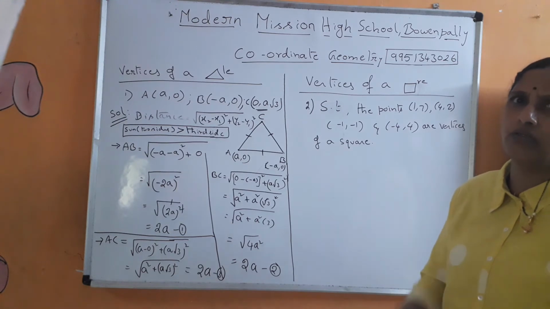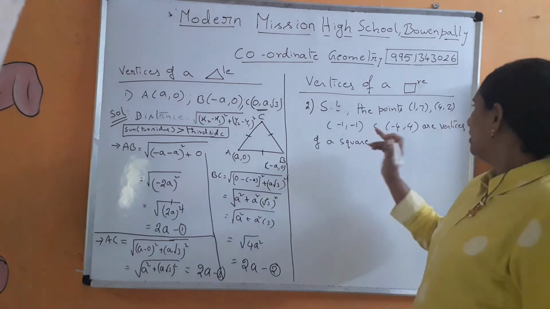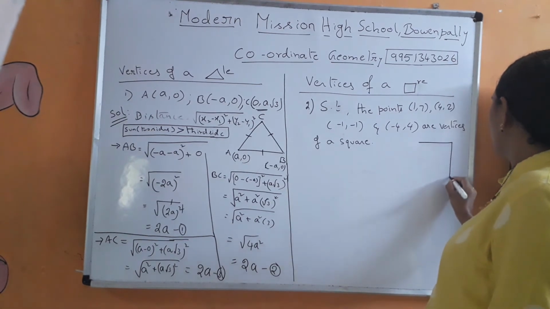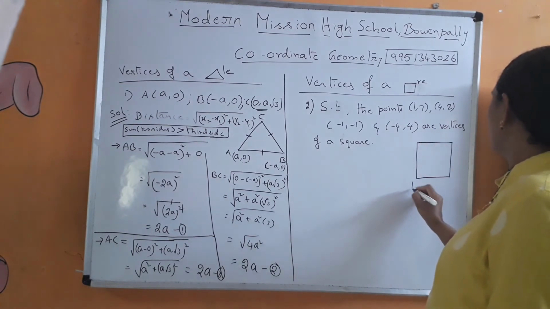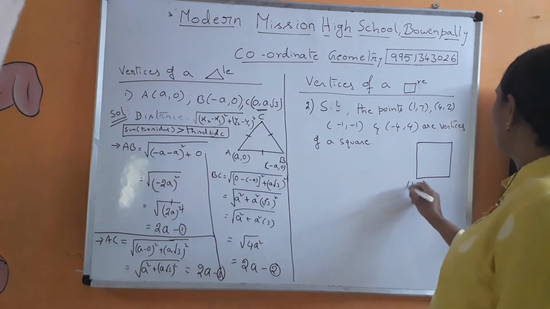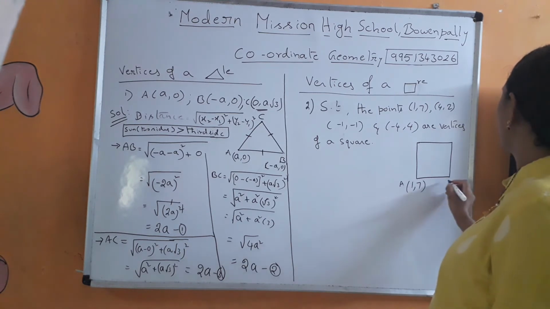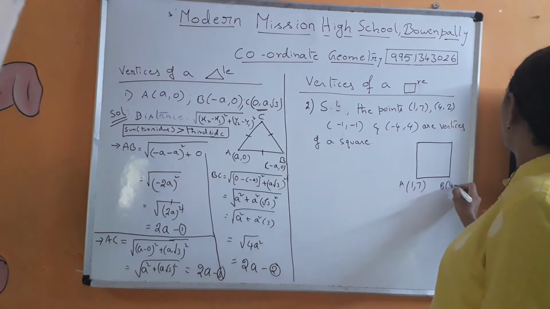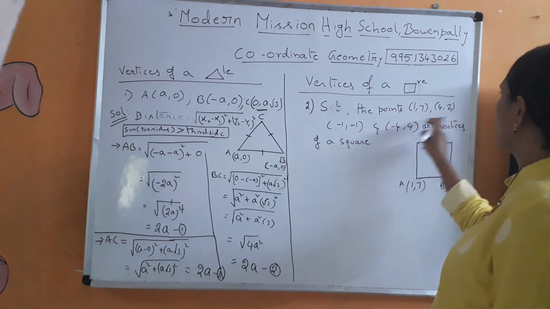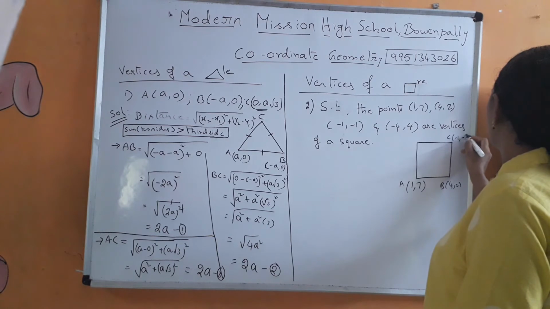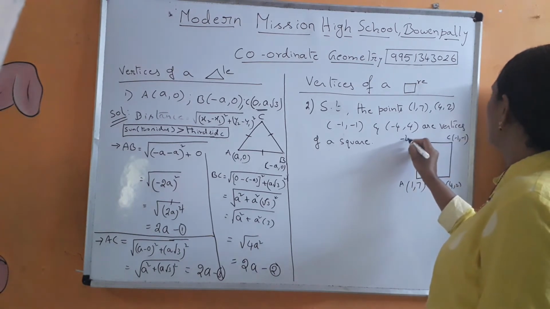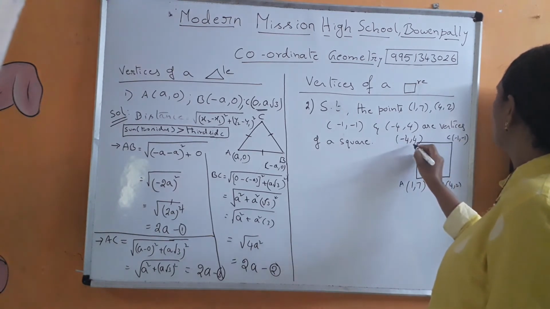Very fundamental point, right? I am not going by the exact location of the points, just randomly taking them in order. Let us name them A, B, C, D, in order. Now C is (-1, -1) and D is (-4, 4).